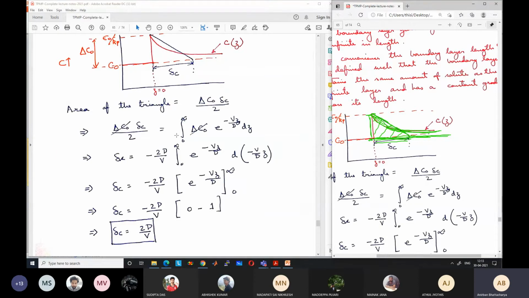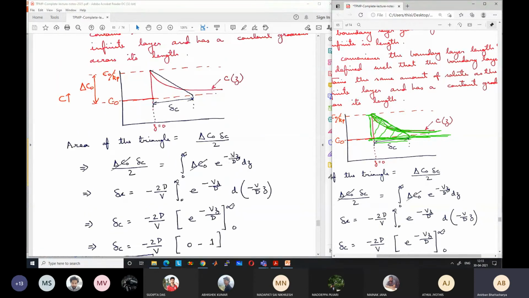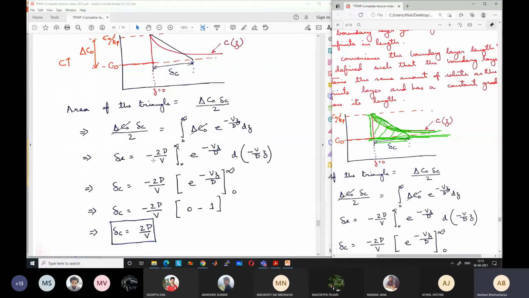Delta C0 gets cancelled. So delta c is equal to minus 2d by v. Why minus 2d by v? The 2 comes from this side, and the d by v comes because we have introduced a minus v by d within this differential, so we multiply by an extra minus d by v outside so that we can integrate it.